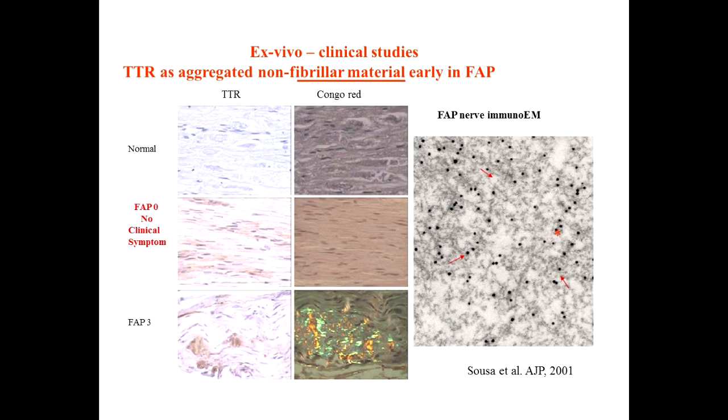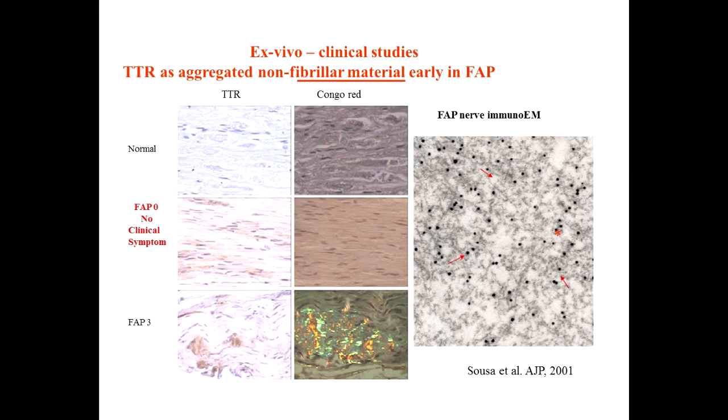And staining for TTR, we found in FAP without symptoms, FAP0, immunoreactivity with the TTR antibodies, which you see here, though they were Congo red negative. And of course, you have reactivity in case you have Congo red.